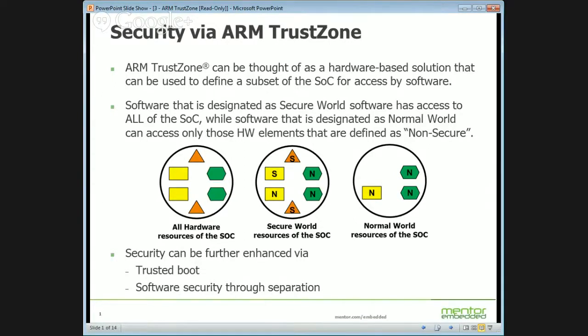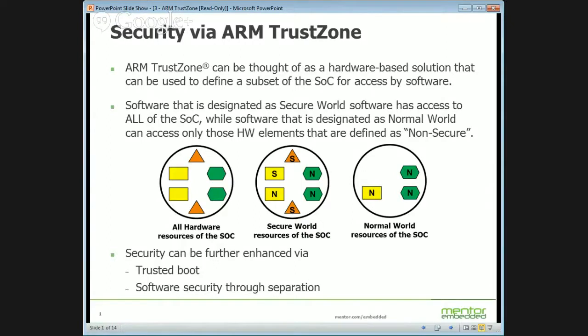In the secure world, when you're running your application, you can do everything. You can access all of the peripherals, you can touch all of the memory. Now, if you switch your chip and put it in the normal world and run an application there, then only the pieces of IP that you established as normal would be visible.